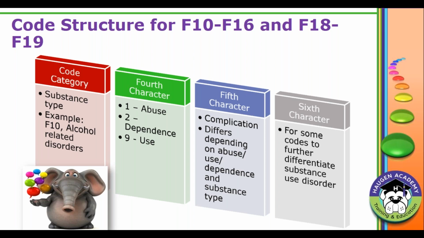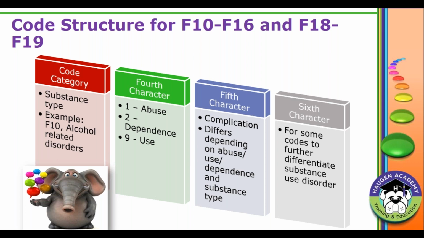But what you'll find for all of our other drugs and substances is that at the category level, so that 3-character code level, is the substance type, as we saw on the previous slide. And the example that I've given here is F10, which includes all of our alcohol-related disorders.